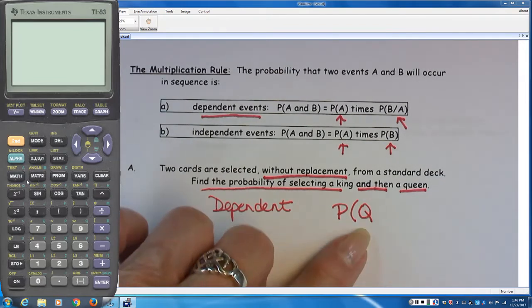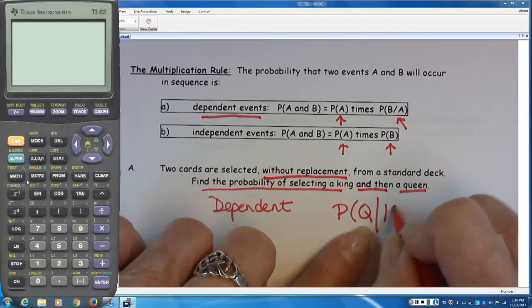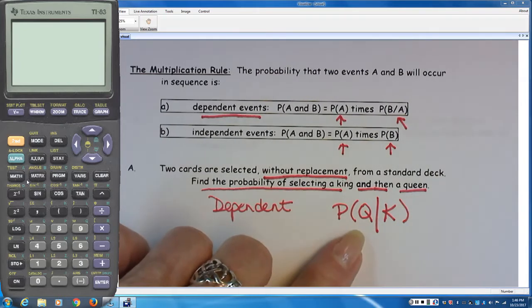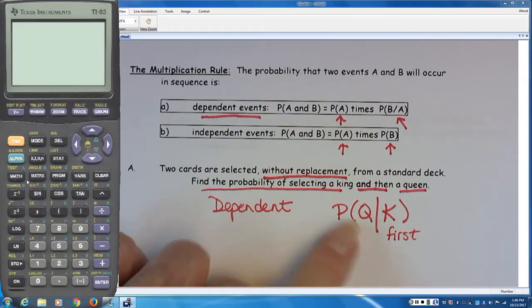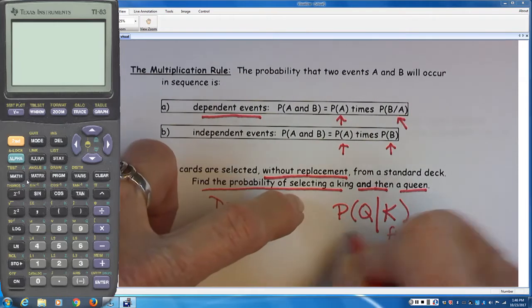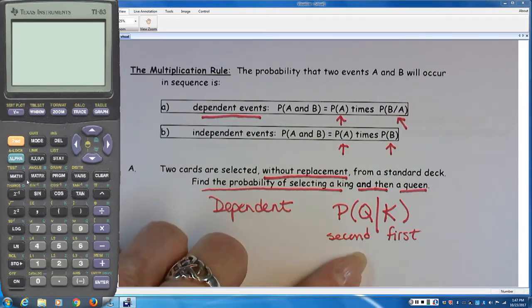The queen actually comes second, given that the king came first. Okay? This is always your first, because it's the one you know happened. And this is always your second one. So that's the way you'll always write that.